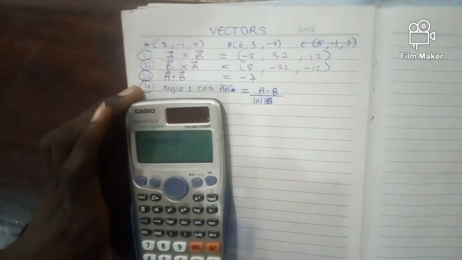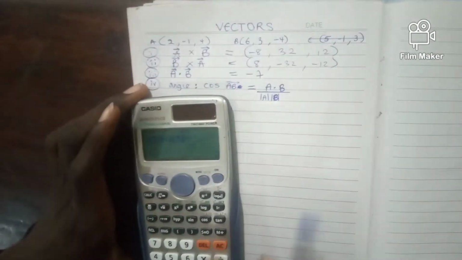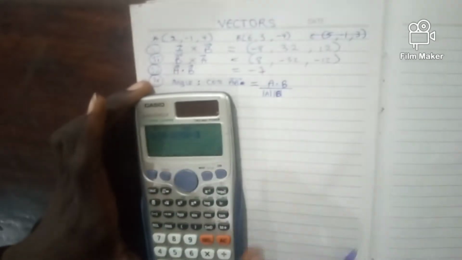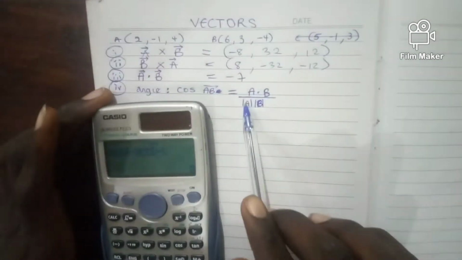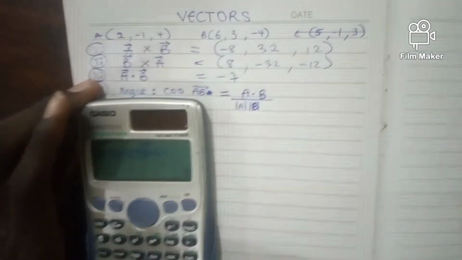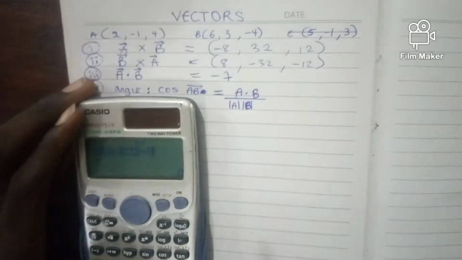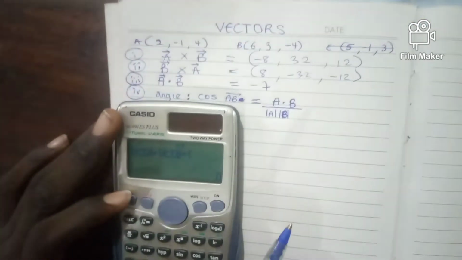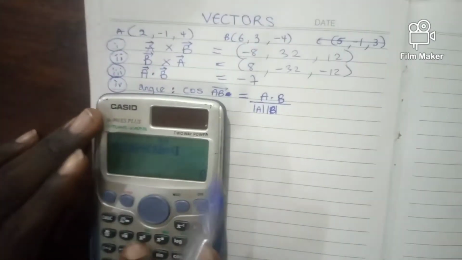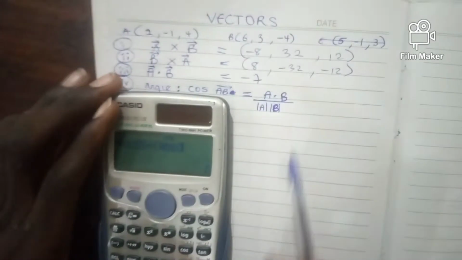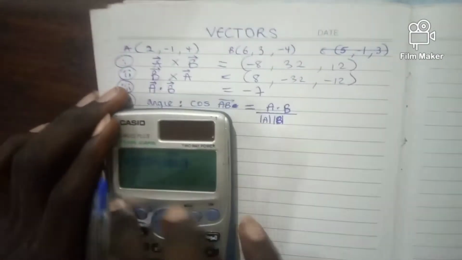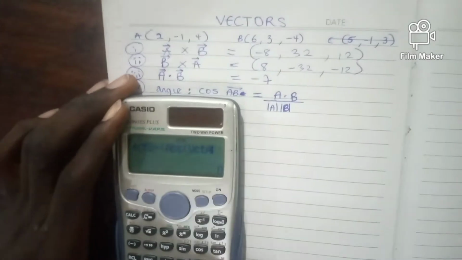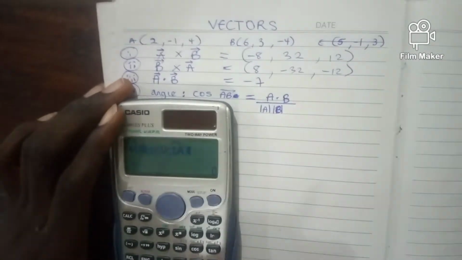Now we'll press our division sign. There's no need to put this in a bracket. We can just leave that division sign, then we open a bracket. Since this is the absolute value of vector A, there's a component in this calculator that says the absolute value, which is shift and the hyp button, which says Abs. Abs of vector A, then we'll press shift vector and we have 3 to be vector A. We close the bracket.